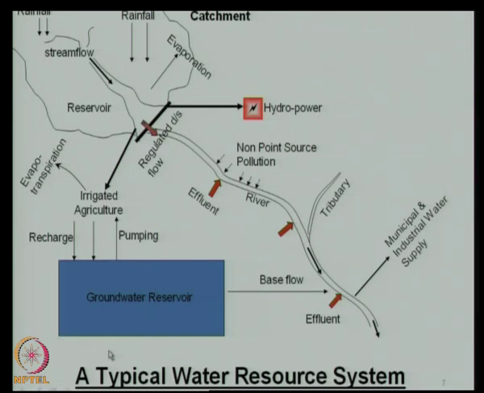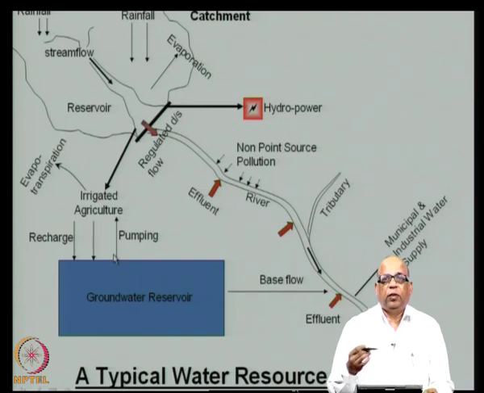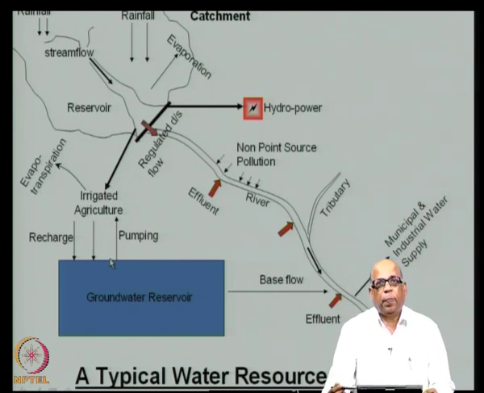Then let us look at the groundwater reservoir. So, you have a surface water reservoir here, you also have a groundwater reservoir. From the surface flow, there will be a recharge that is taking place, which can be directly from the rainfall. Rain falls on the soil surface, and then part of it infiltrates, and then part of it may join as recharge.